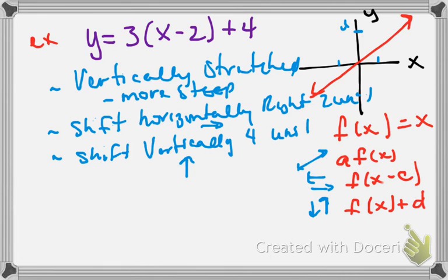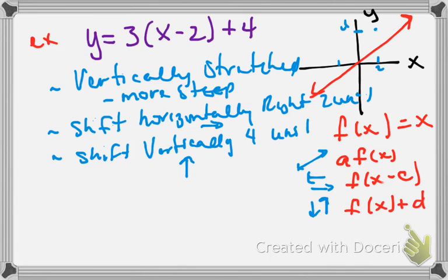Our 2 is here now because we're shifting 2. Remember, going to the right 2 and going up 4, my origin, where it's touching, is going to be right here. That's where the origin moved.